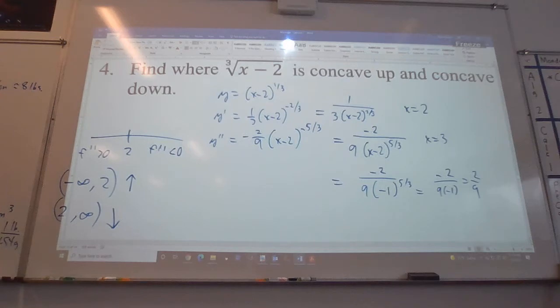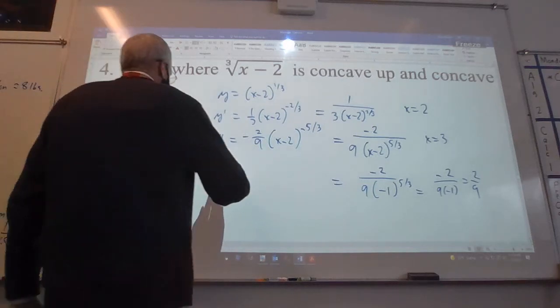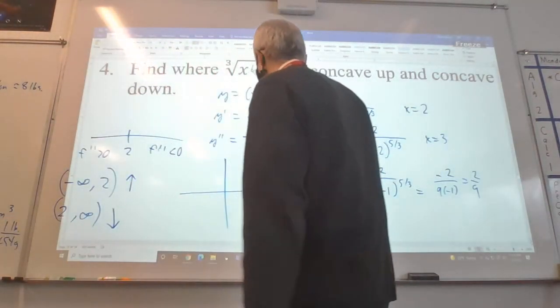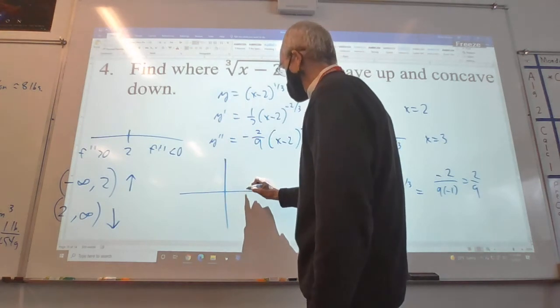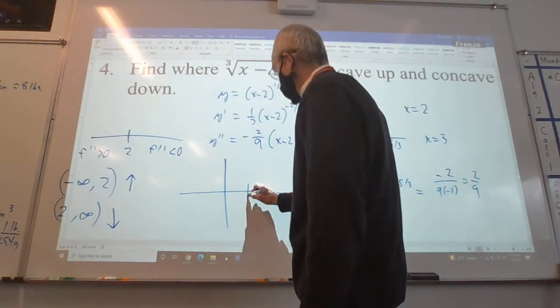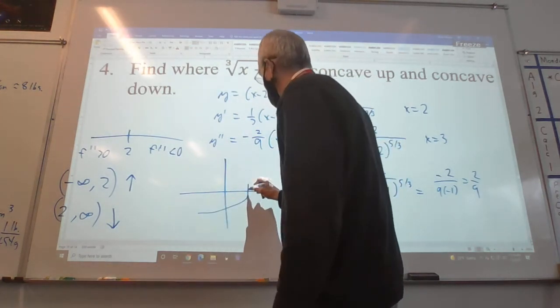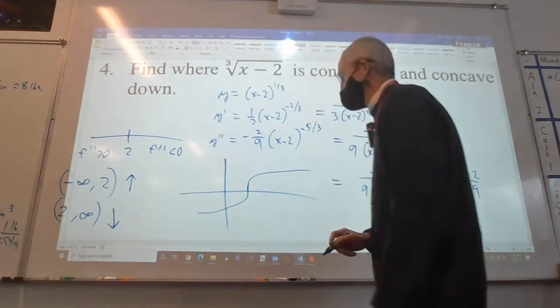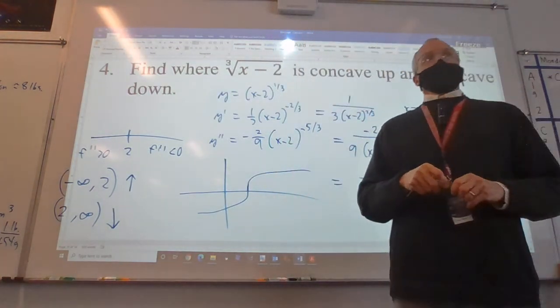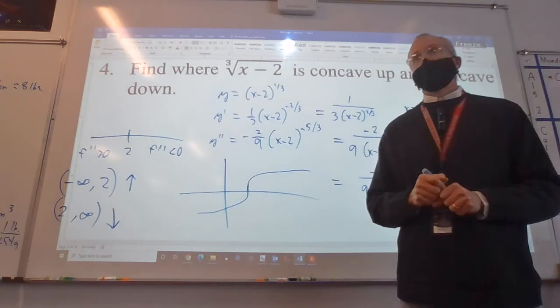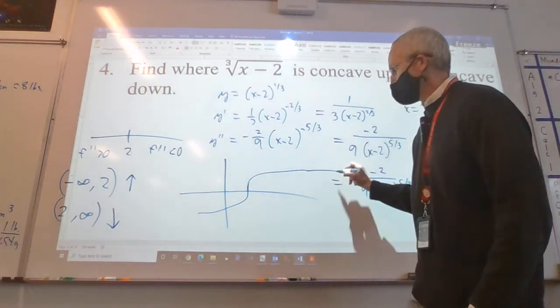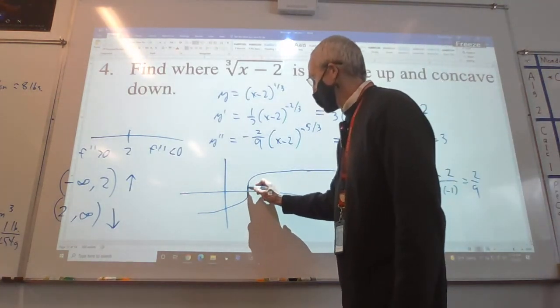Now, what does this look like? It's kind of interesting. So if we were to graph this, I believe it looks like this. It's straight up and down at 2. And then it goes like this, goes to 0, and goes to 0. So the slope slowly goes to 0, and here's x equals 2, right there.